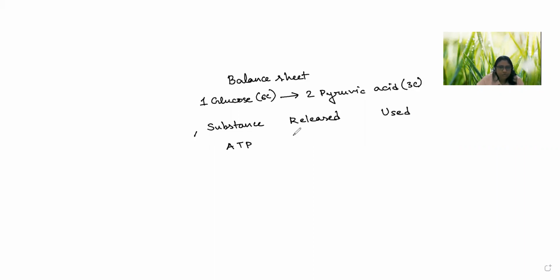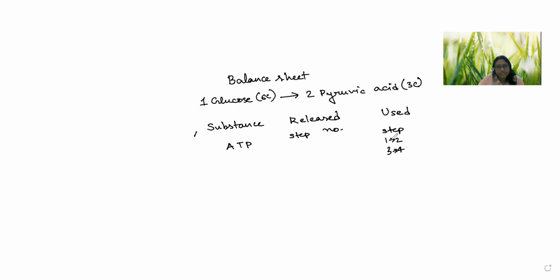I told you to write down the step and number, so this was your homework. Who will tell me? 2 ATPs are used in step number 1 and 2. Step number 1, 2, and 3 to 4. Not 1 and 2, beta.